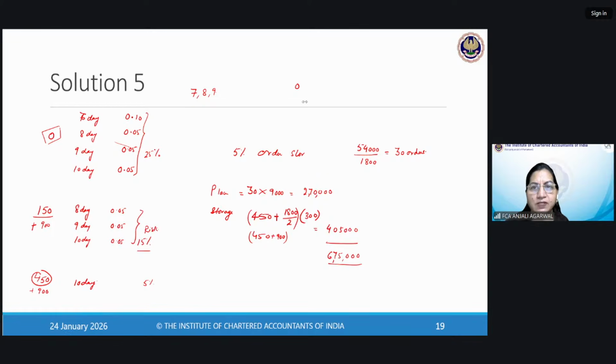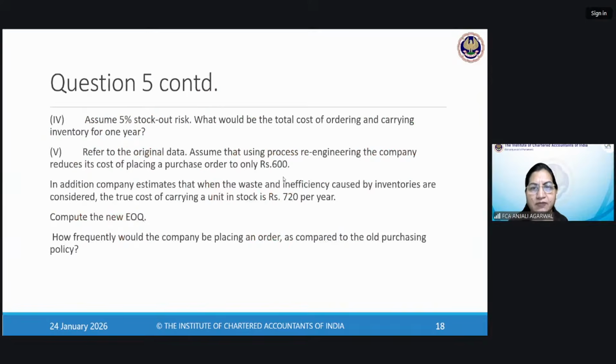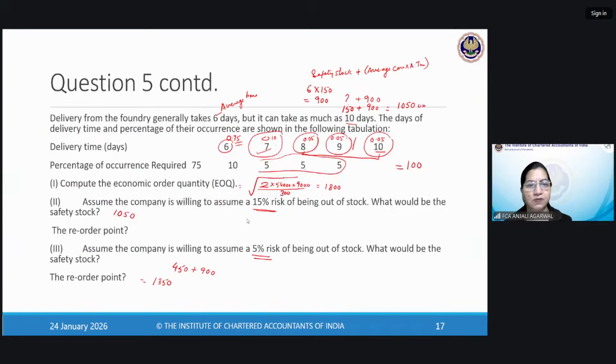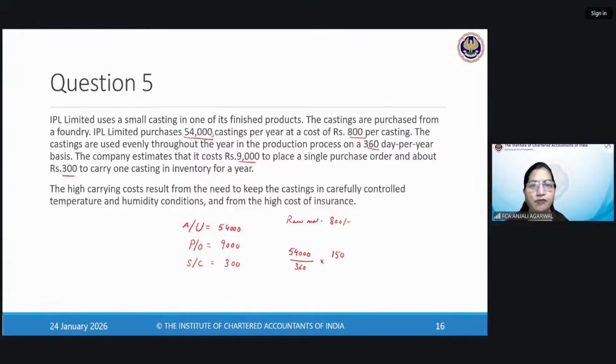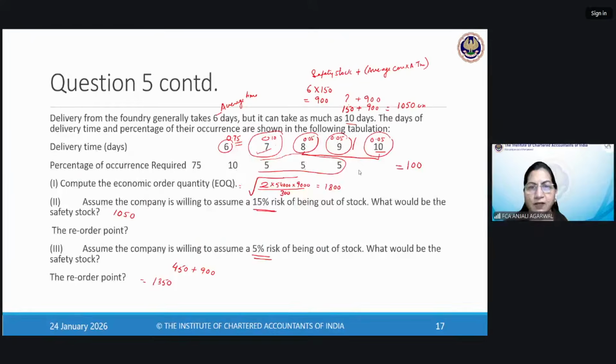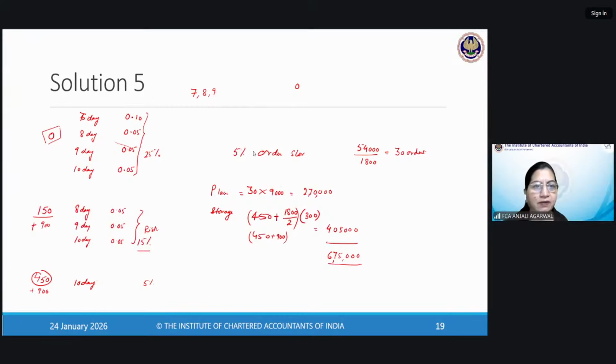Okay, in this question, average consumption per day is not given, but it is not varying also. It's very clearly said 54,000 castings are used throughout the year. Assume 360 days in a year. So your per day consumption is fixed at 54,000 divided by 360, 150. I'll keep the slide here.